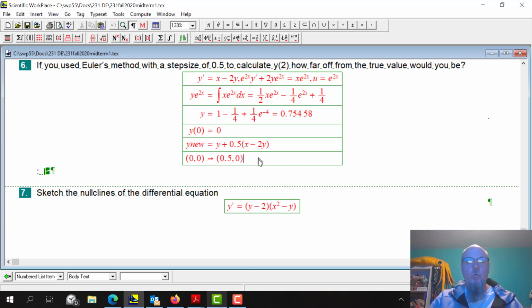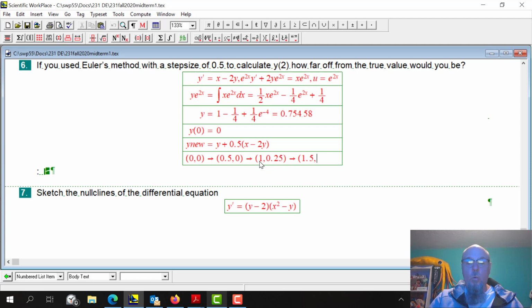We just have to chug through. Now I'm at the point where y is equal to 0 and x is equal to 0.5. So plug this in. That's going to be 0 plus a half minus 0, a half times a half, a quarter. So this is going to be 0.25. And now I need to plug this point in, where 1 is the x value.